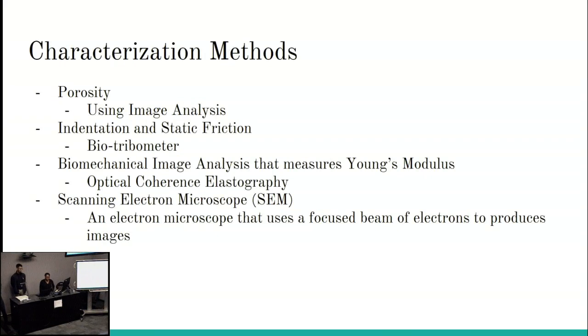So some of the testing that we're doing is porosity testing, indentation and static friction testing, biomechanical image analysis, and that measures Young's modulus. And then we're also going to use, well, it's a tentative thing that we might use the scanning electron microscope, which is a SEM, to analyze the artificial skin that is made.